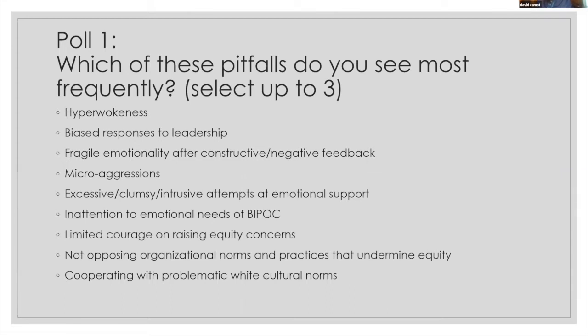Again, you can choose up to 3, and if you want to say something else, the bottom one is something else. All right, it looks like about 60% have completed. Just remember to hit the submit button at the bottom, and we'll give you another 15 seconds.